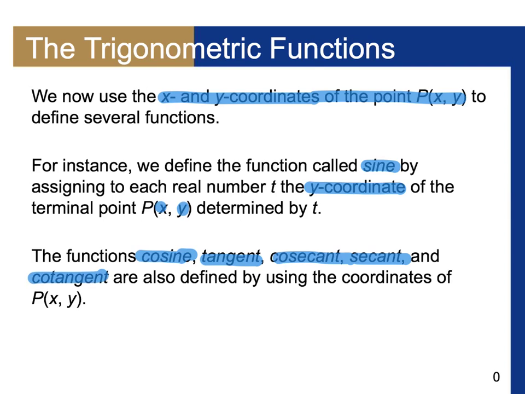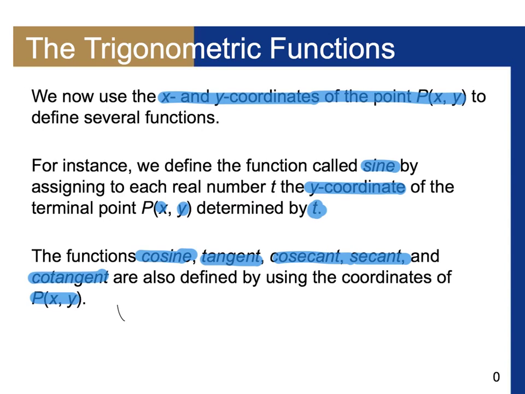So you think of that P(x, y), what's the input of our function is going to be t, so t is our input, and then we get two outputs, x and y. So x will be the cosine of t, and y will be the sine of t. Let me write that out. This is kind of the punchline here.